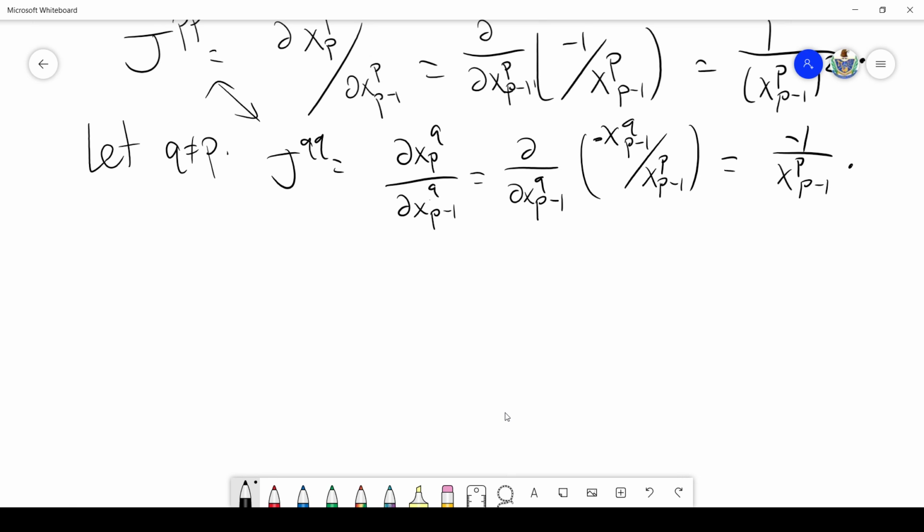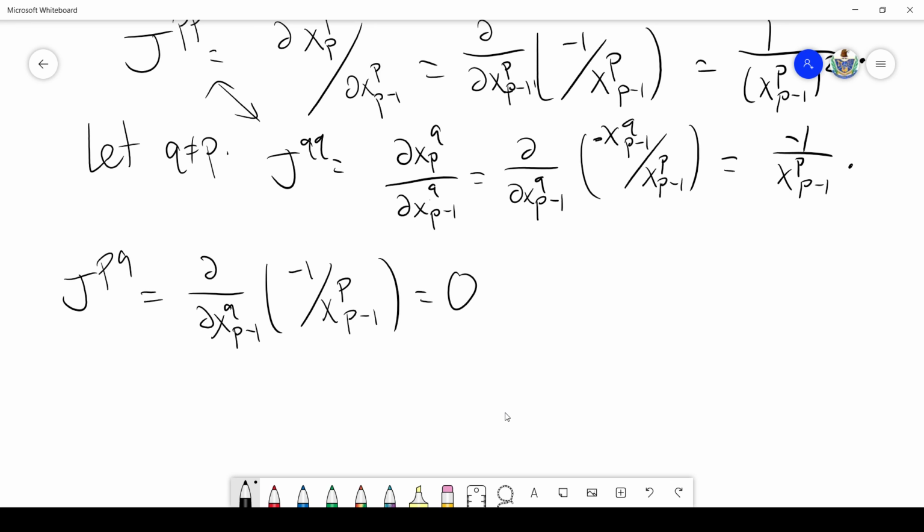Now let's look at the row p and the column p. So for the row p, the terms J_pq, this is going to be the derivative with respect to x_qp minus 1, and then it's going to be x_pp, which is negative 1 over x_pp minus 1, and that's going to be 0.